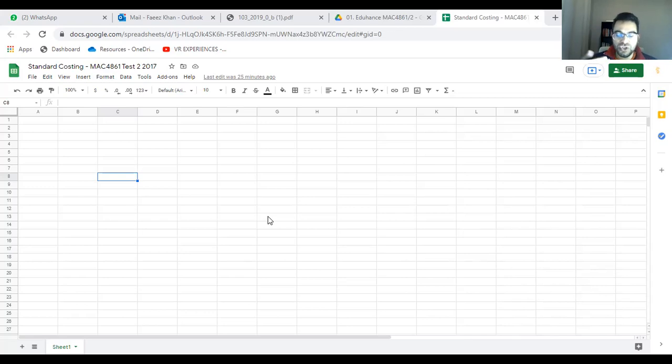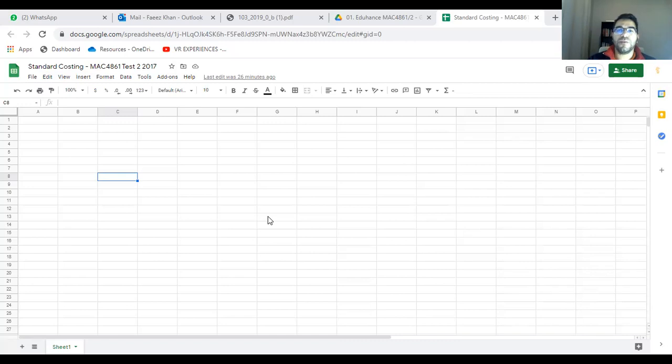So before you start a question, you tell yourself, we must be aware of the following. What must we be aware of? Flexing the budget. We must look out for the costing system. We must look out for how they allocate overheads, and then tell your brain to be alert in separating actual units from standard quantity of input.